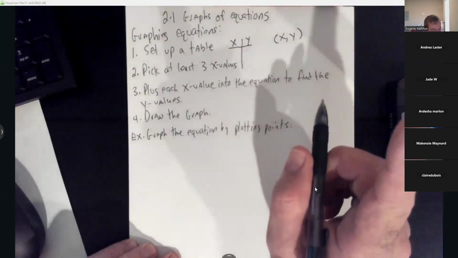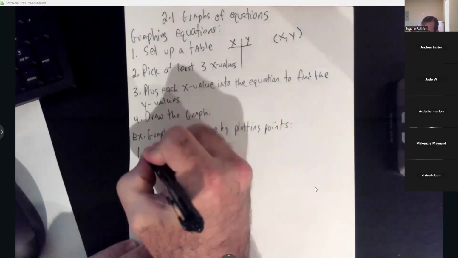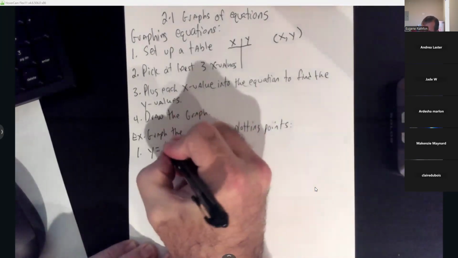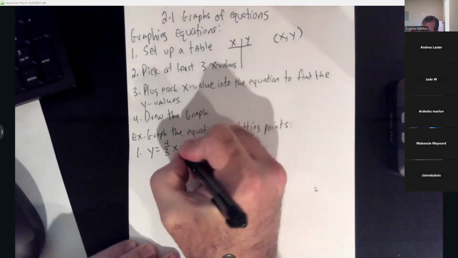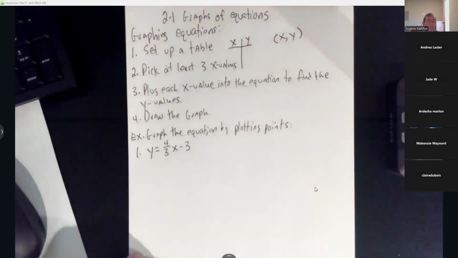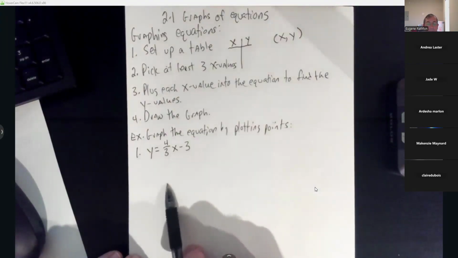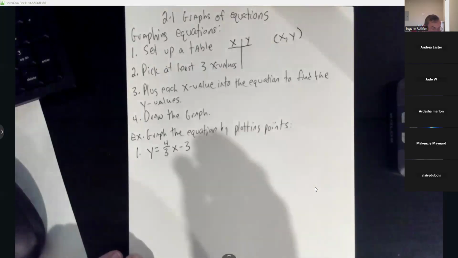So y'all, my very first one here, and they've already got this one solved. y equals 4/3 x minus 3. So I'm going to set my little table up, and then I'm going to find the corresponding y values.